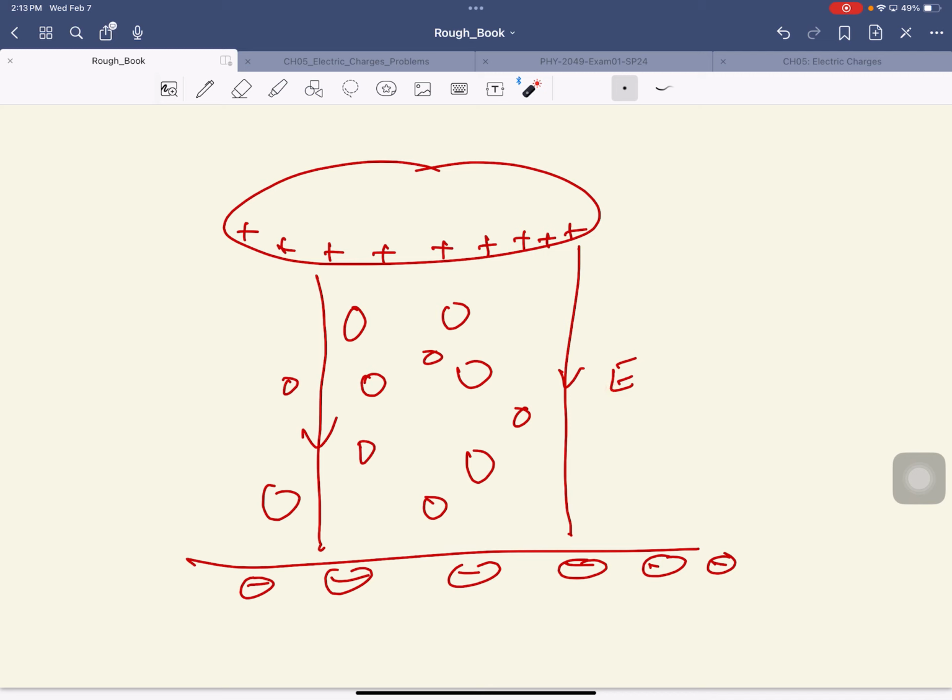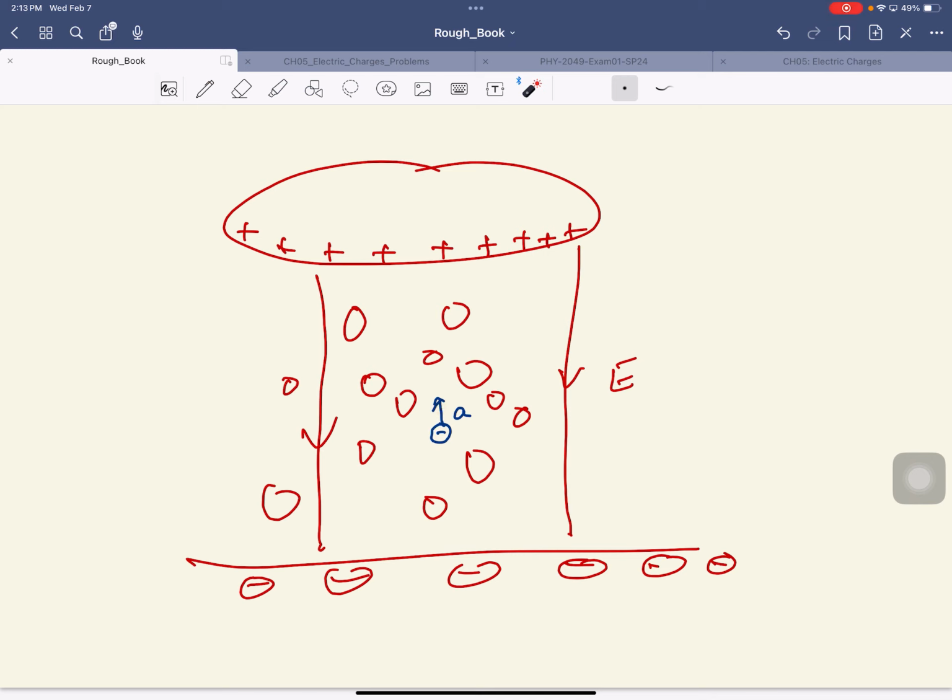But here's the deal. Every once in a while, you'll have a stray electron. And what does the electric field do? It makes the electron accelerate in this direction. Now the electron, of course, collides with these neutral atoms. So the electron will travel a certain distance and then collide with them.